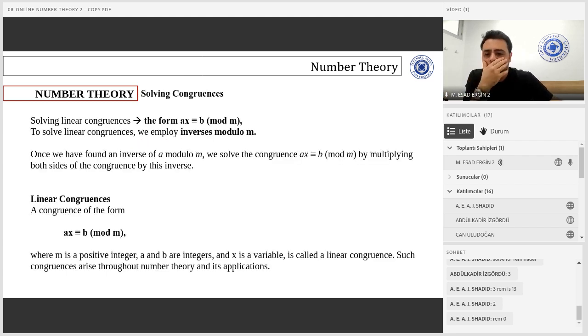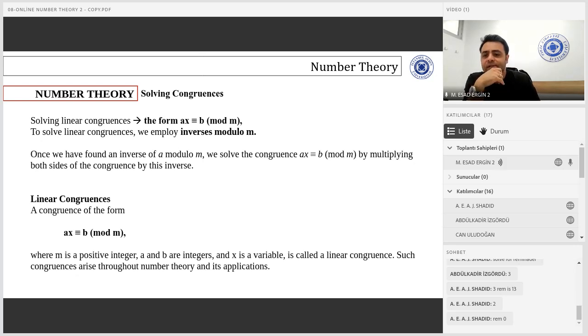Okay, the inverses, we are going to find the inverses. What are the inverses, or solving the congruences? We are going to find the inverses of any integer in some definite modular arithmetic. Actually we have another example too, but I'm going to show you that one too.